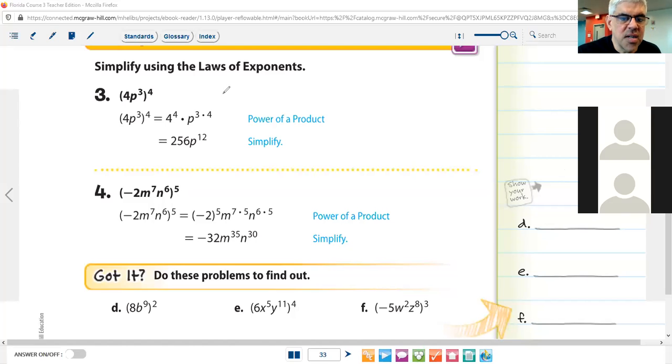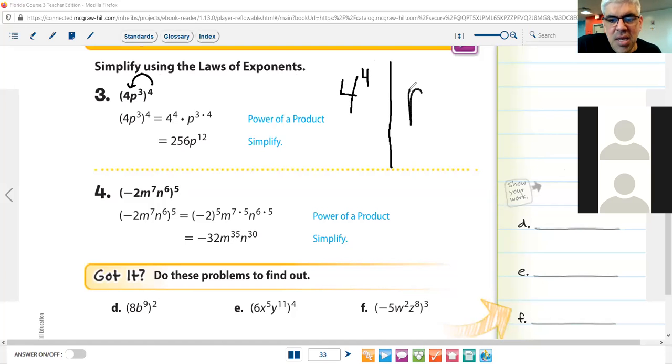Okay, so here, as you can see, you don't have to copy this, just watch. They have two bases, 4 and p cubed. So what they do is the 4, we apply the exponent or distribute because it's part of the parentheses: 4 times p cubed. Let me do this just to see the separation and clarity and organization.